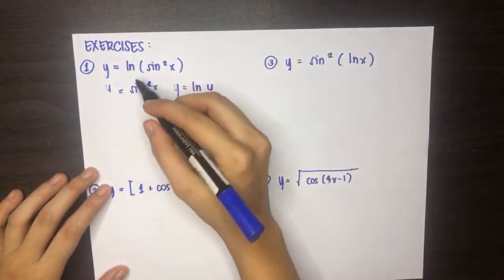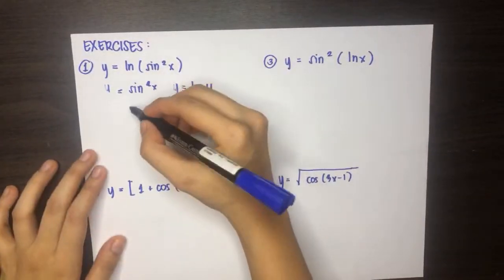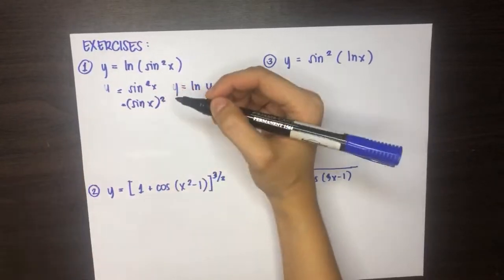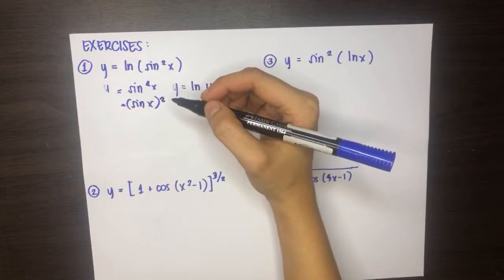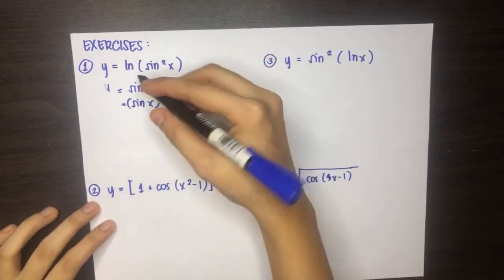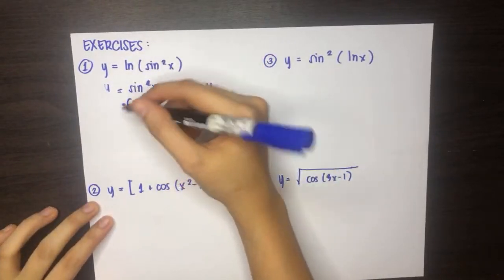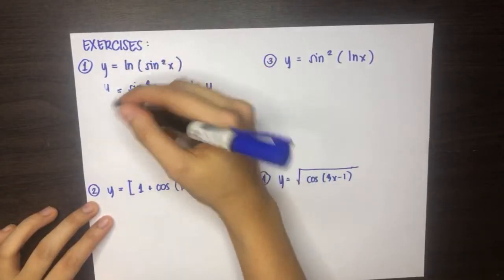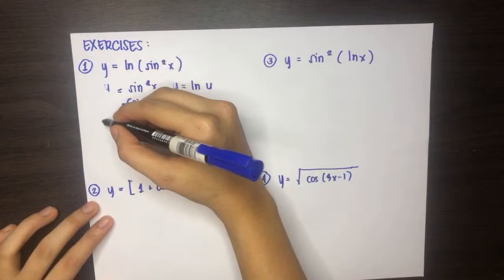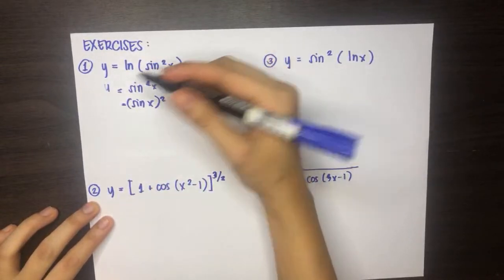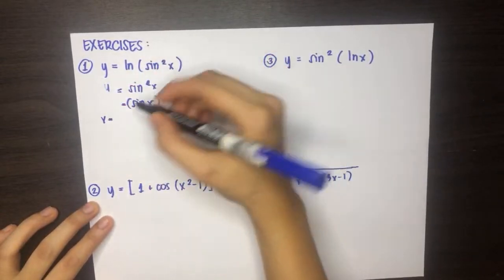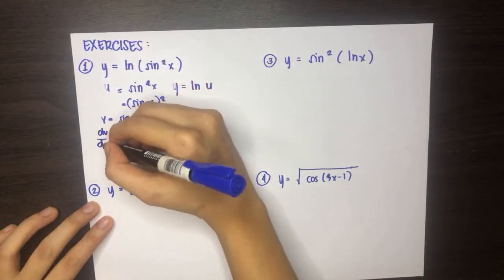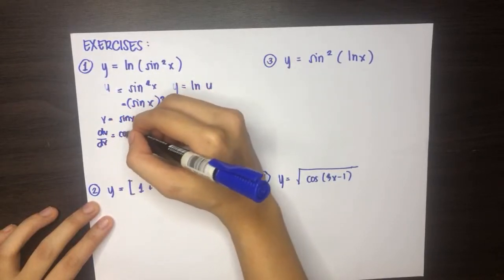Here, sine squared x can be written as (sine x) squared, so we use the chain rule again. I'll let another variable, v, equal sine x. So, dv over dx is cosine x.